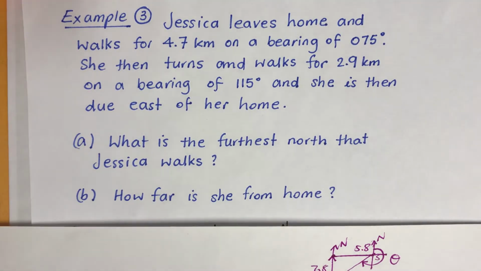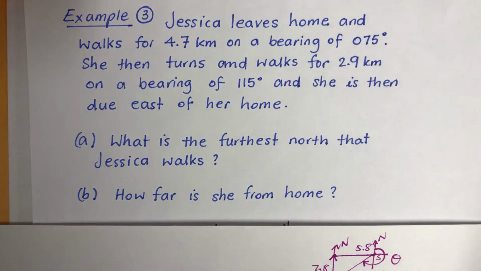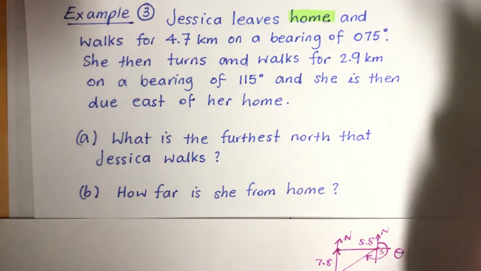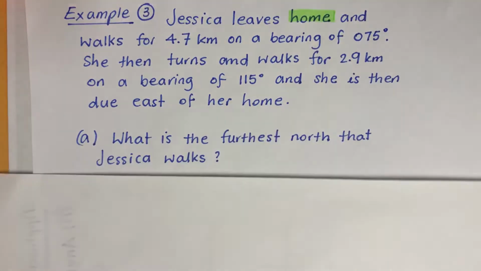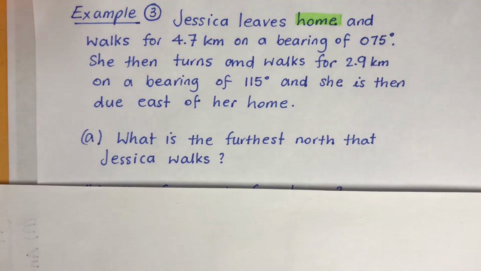Okay, example 3. Jessica leaves home. Questions like this, your starting point for first compass will be home. Okay, so Jessica leaves home and walks for 4.7 kilometers on a bearing of 75 degrees, and she then turns and walks for 2.9 kilometers on a bearing of 115 degrees.